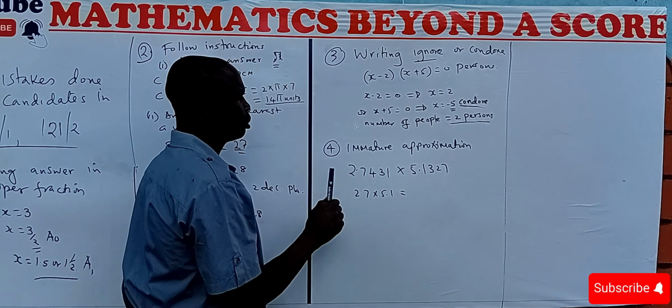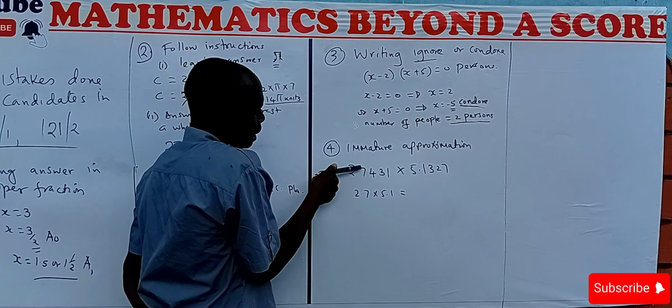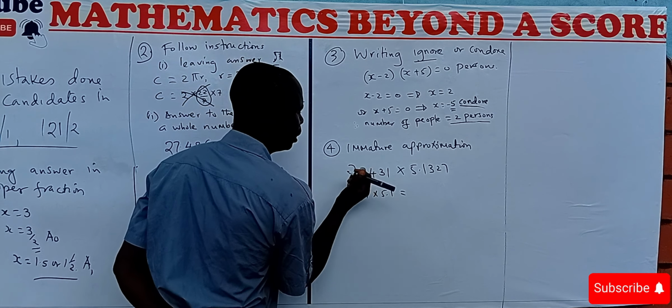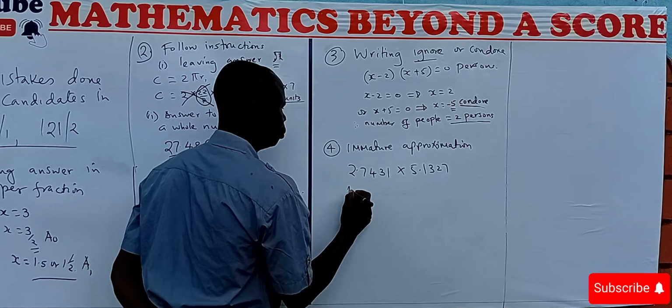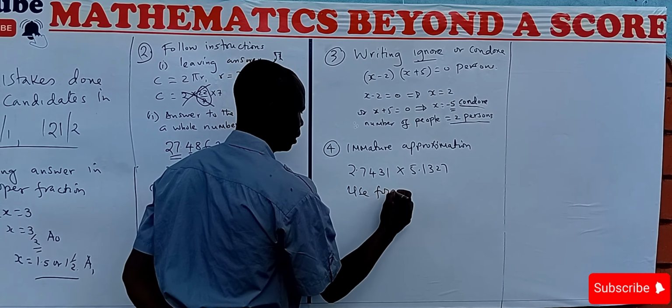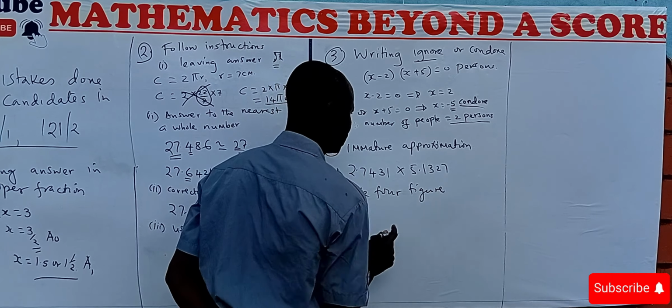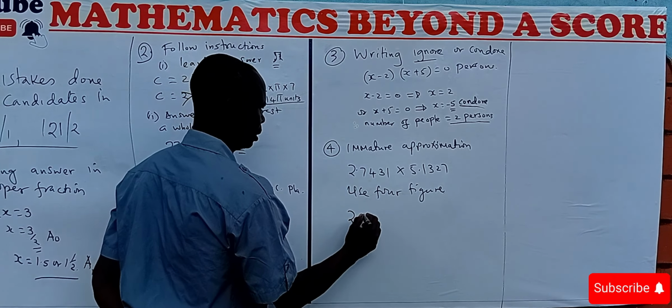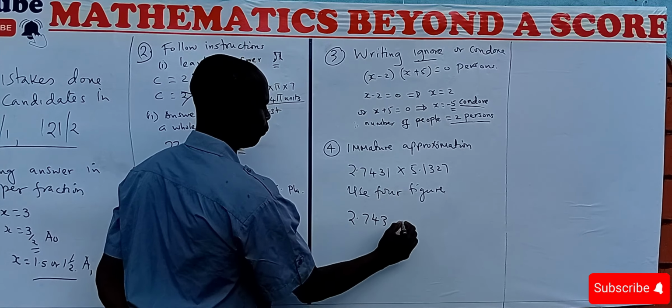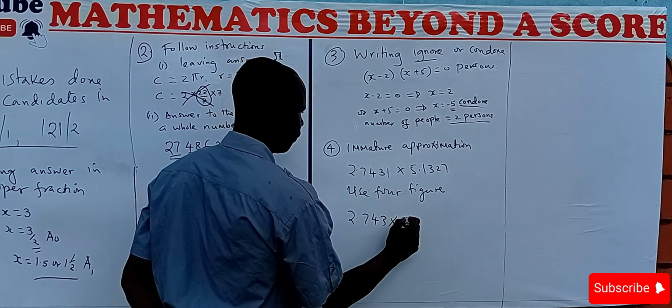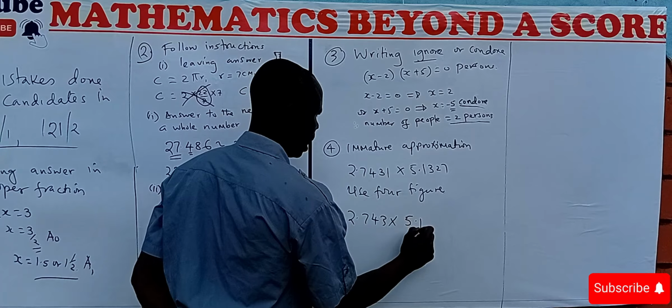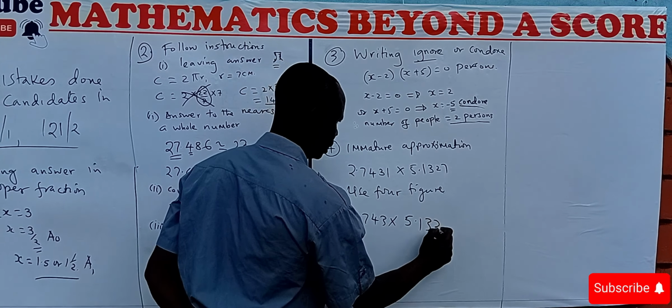What a candidate should do, if indeed he is calculating this to get the answer, he should use 4 figures. That is why we use a 4-figure table. So it should be 2.743, these are 4 figures, multiplied by 5.133, like this.